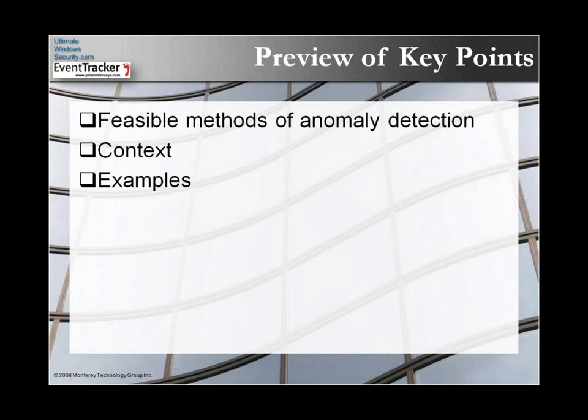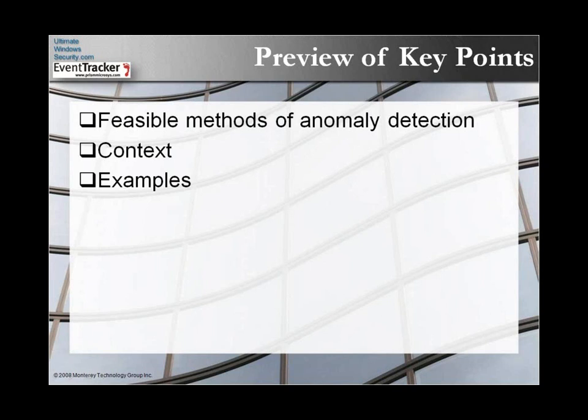Key in on the word feasible there because, as I discussed in the abstract and the promotion for this event, there's all these different theoretical pattern analysis, pattern matching techniques that they use in movies and spy novels to detect behavior like this, or maybe if you have unlimited computing power like Homeland Security. But we're talking about what is feasible in the real world.